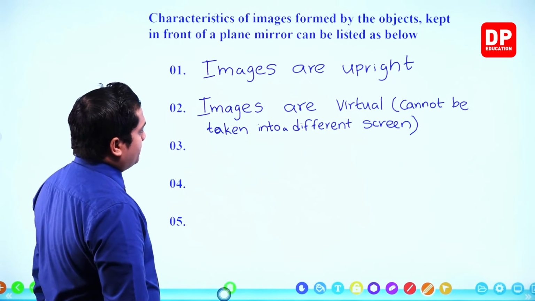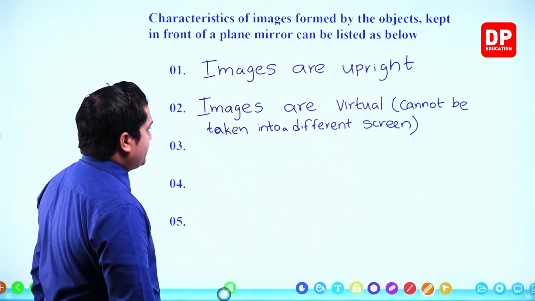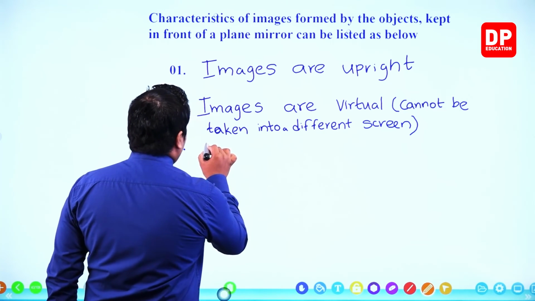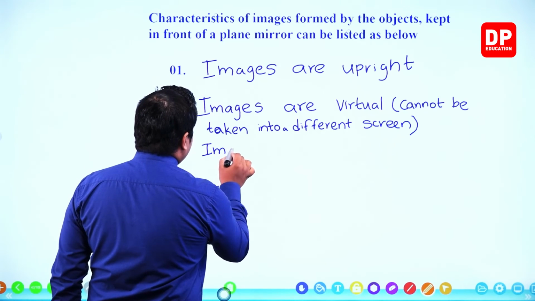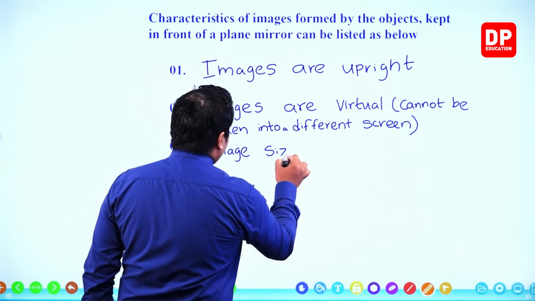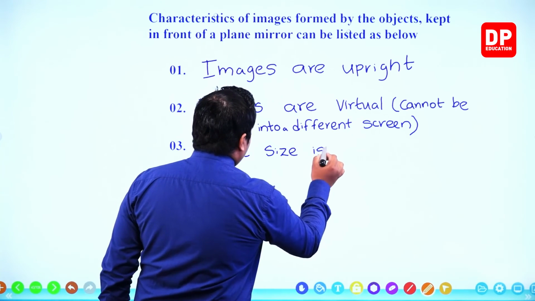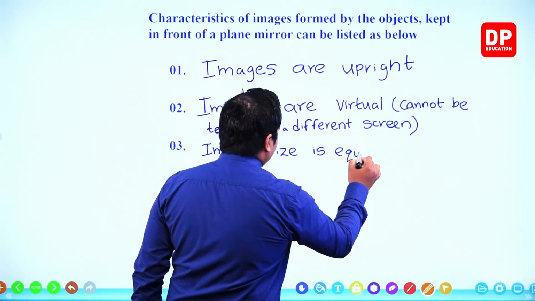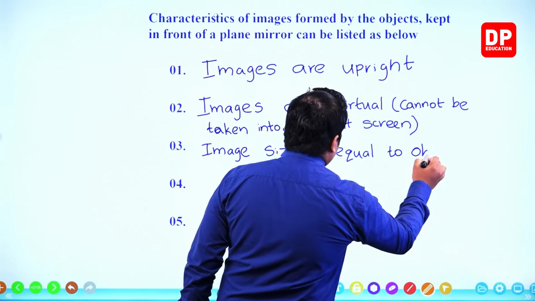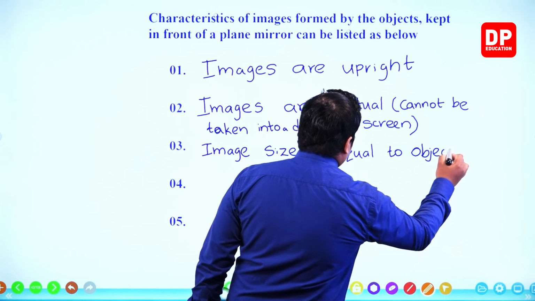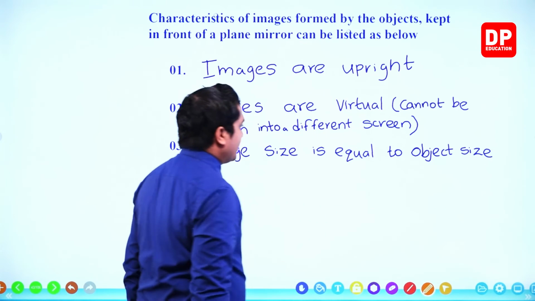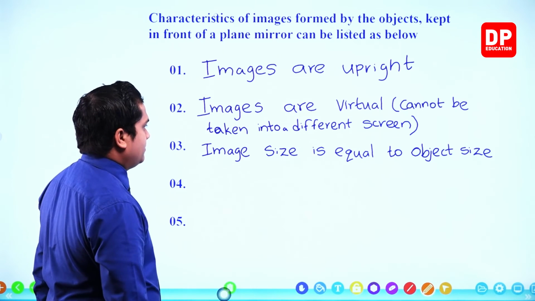Right? So images are virtual, cannot be taken into a different screen. Number three, image size is equal to object size. Image size and the object size are equal to each other, my dear children.